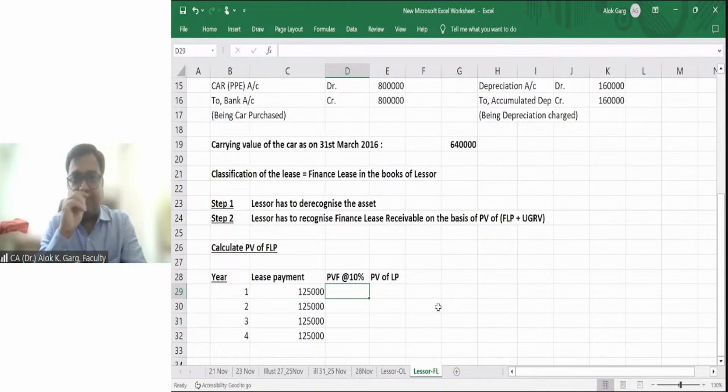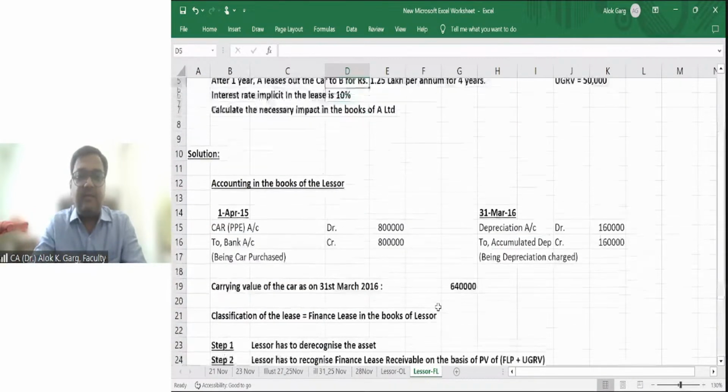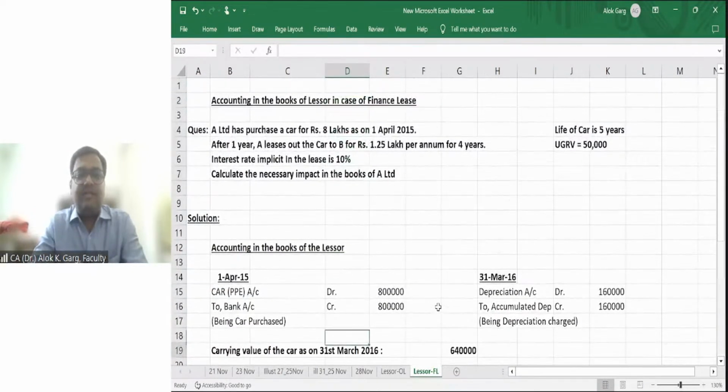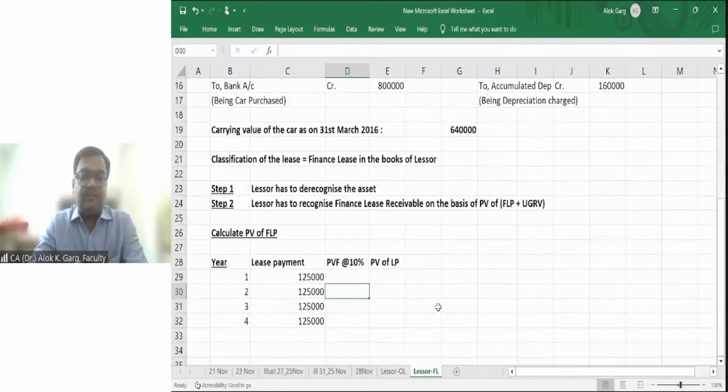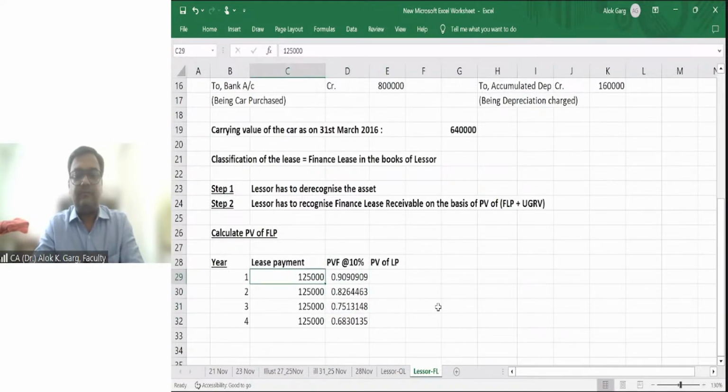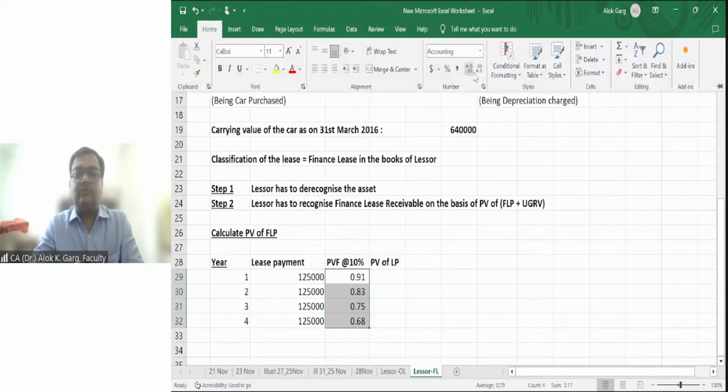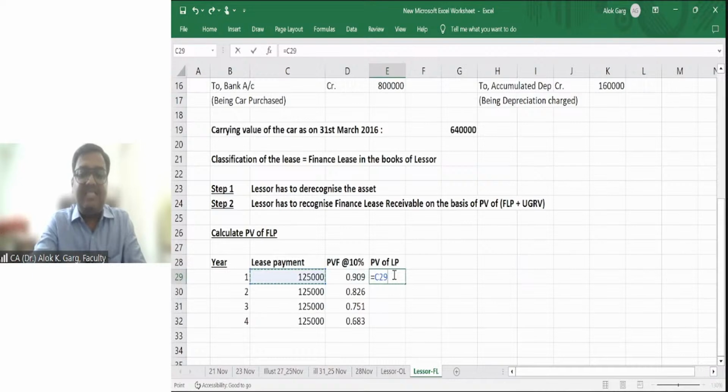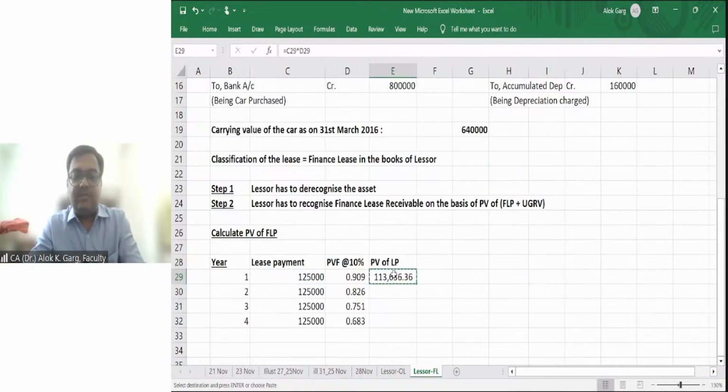Present value factor: if it is at the end of the year, it is not given, so we will assume that this is at the end of the year. Divide by 1.1. So my present value of lease payment is how much?